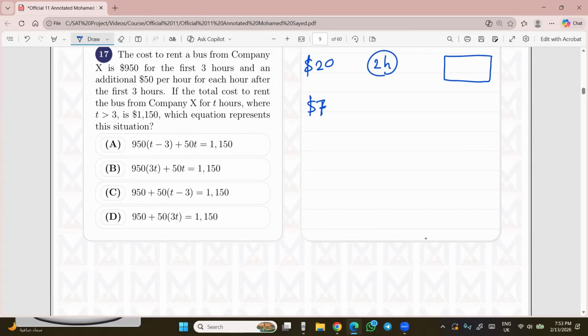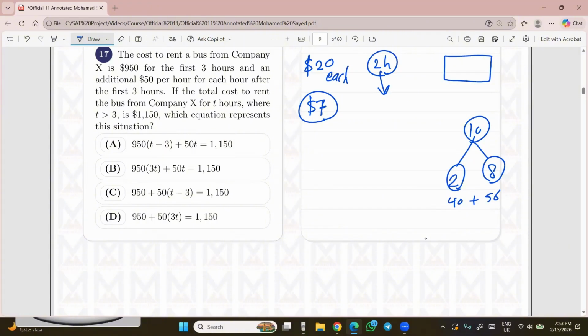So if he stays with you 10 hours, what happens? 10 hours should be split into two parts: 2 hours, the first case, and then 8 hours. For the first 2 hours, he will take 20 each, so 20 times 2 is 40. And then the 8 hours have another calculation. 7 times 8, 56. So now we add them together to get 96.